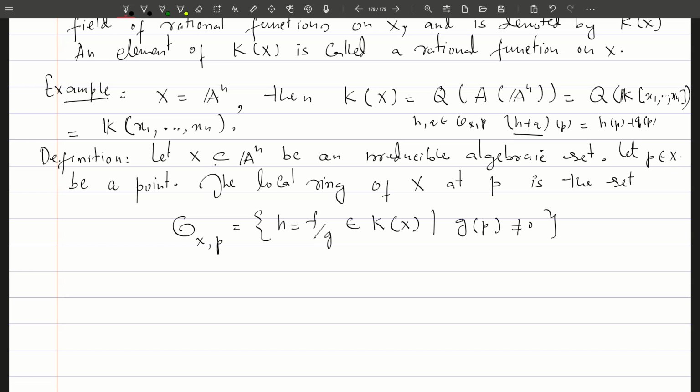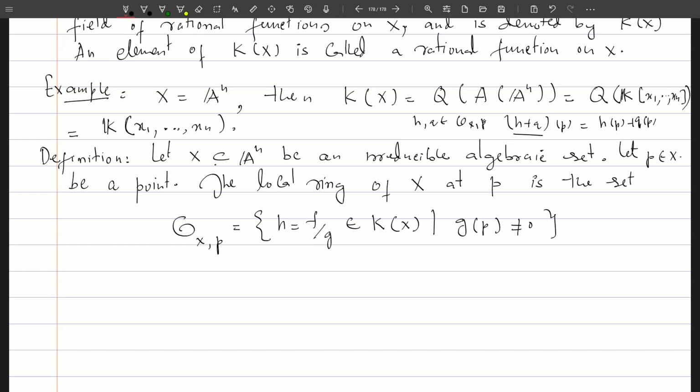Similarly, we can show that the product of H and Q is also an element of this set. So it follows that this is a subring of the field of rational functions.